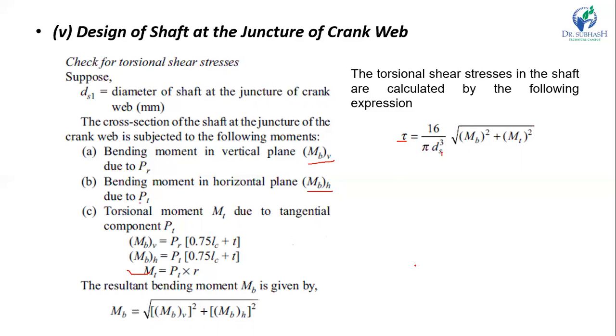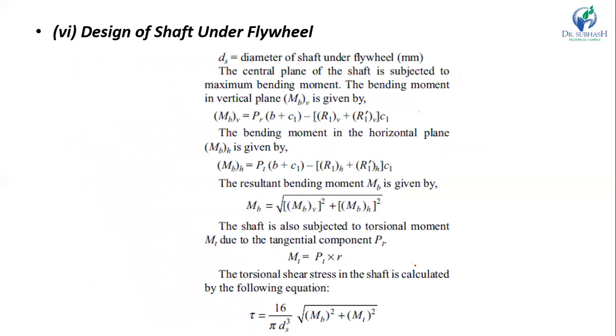Okay, now the design of the shaft under the flywheel. DS is the diameter of the shaft under the flywheel in millimeters. As discussed earlier, the central plane of the shaft is subjected to maximum bending moment. The bending moment in the vertical plane, MBV, is given by PR into (B plus C1) minus (R1V plus R1 dash V) into C1.